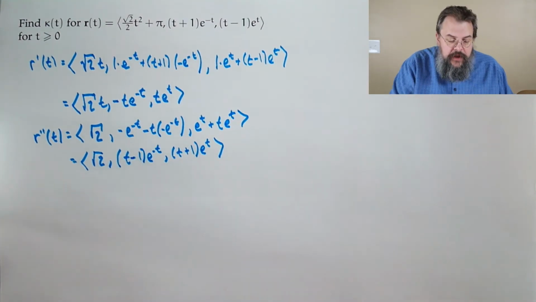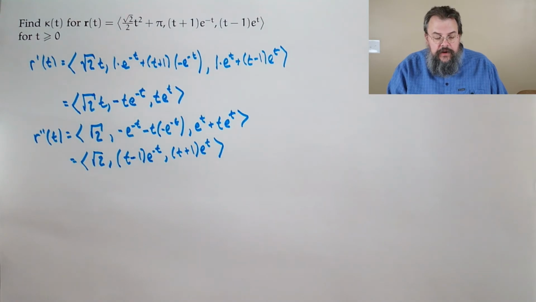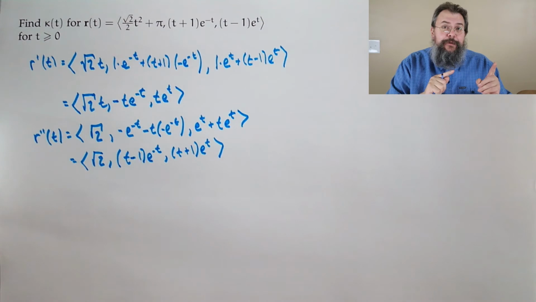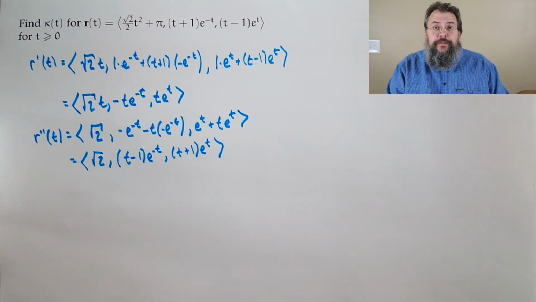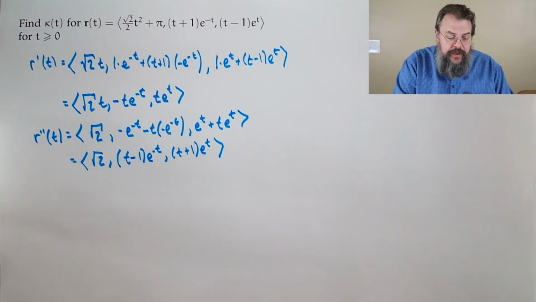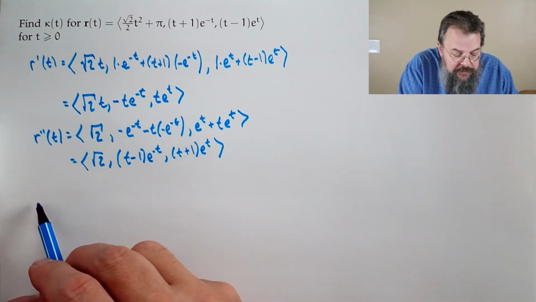Now, let's turn to the magnitude of r prime. Oftentimes, the magnitude of r prime will give a hint about which way we should go in terms of how we solve the rest of the problem. So what is the magnitude of r prime?